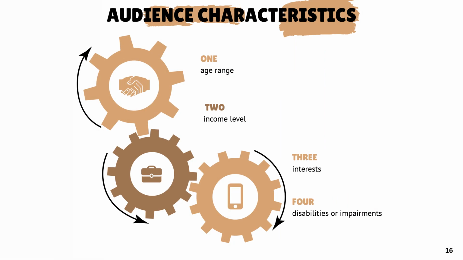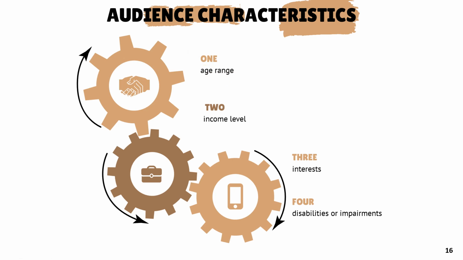Now, audience characteristics are very important, because there are certain things that we need to consider. The factors regarding the audience that we want to present to are their characteristics. We'll talk about other things, but characteristics is key. And why is it key? Because number one, we look at the age range.